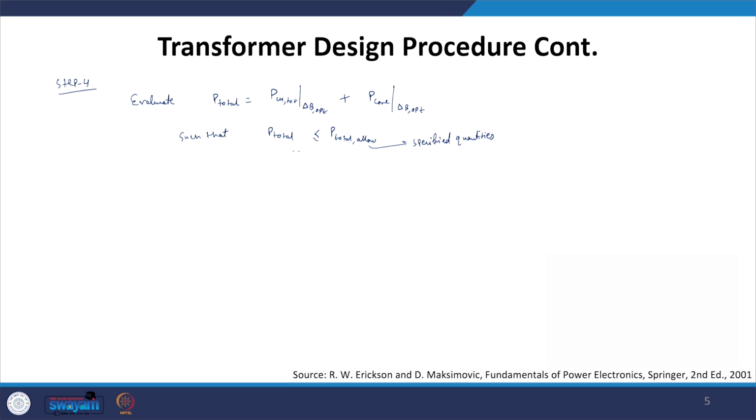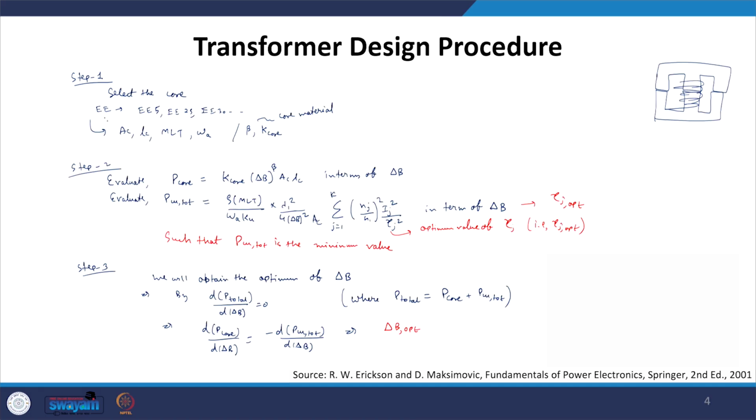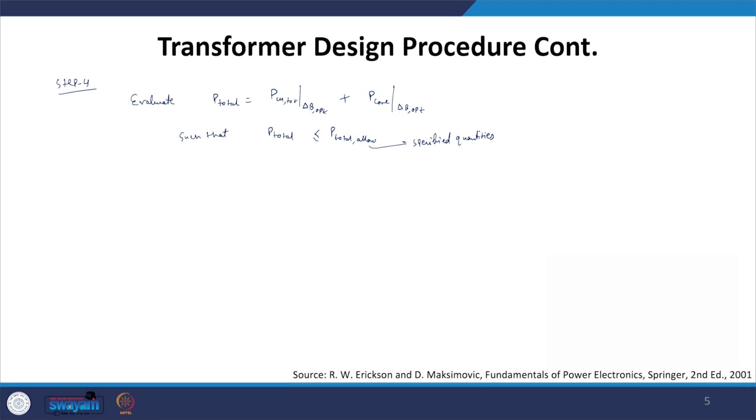And if this particular condition is not met, then you can go ahead and select the next bigger core. Let's say if we are selecting an E25, then the next bigger core is the E30 core, and then again follow step 2, step 3, step 4, and then again see at last whether your P total is less than P total allow or not.